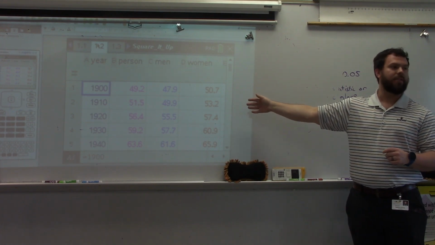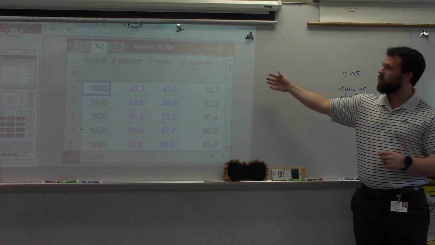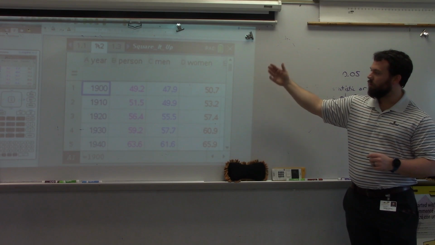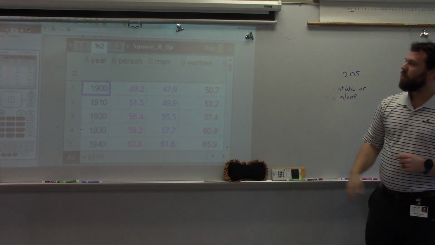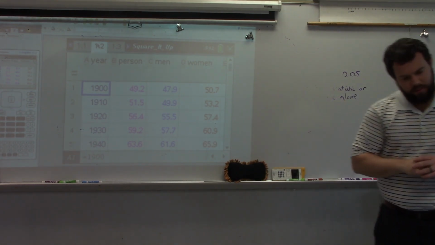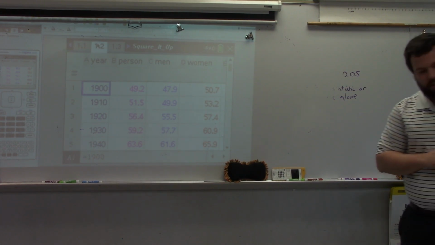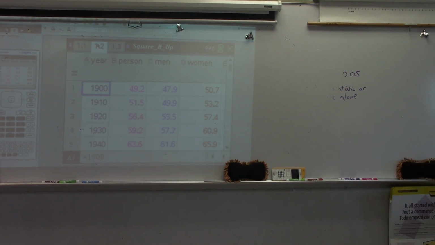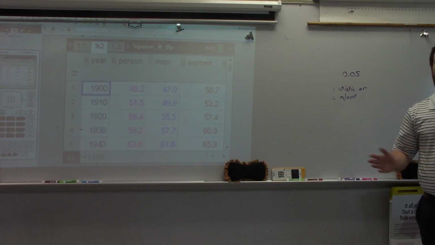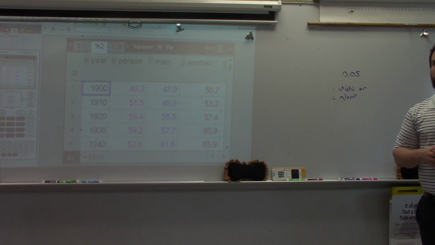So life expectancy for men and women. I think it was in the US? Does it clarify? Yeah. So move to page 1.2: life expectancy for men, women, and people in the US for every 10 years from 1900 to 2000. Is people the average of the two?